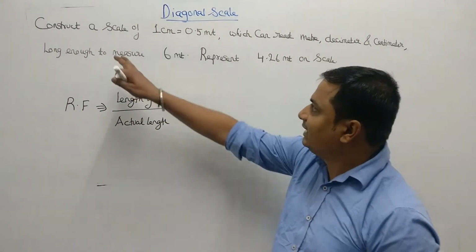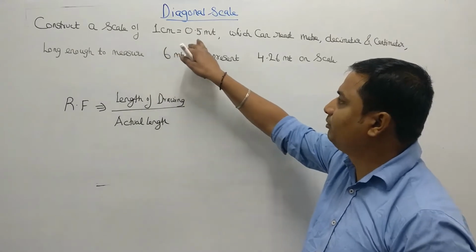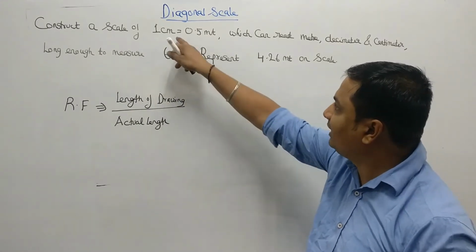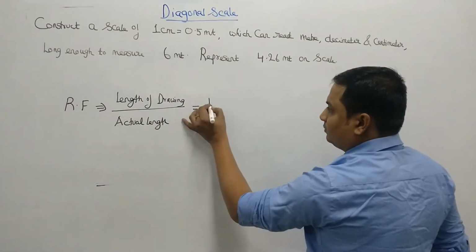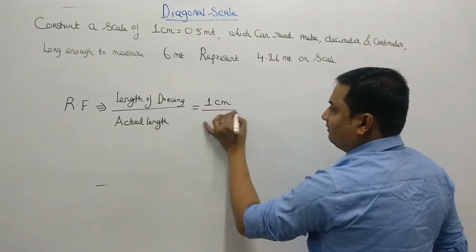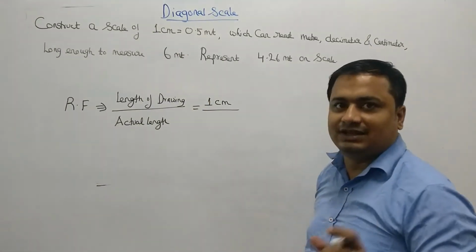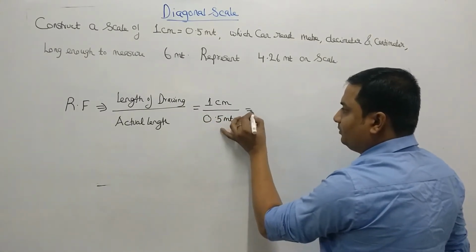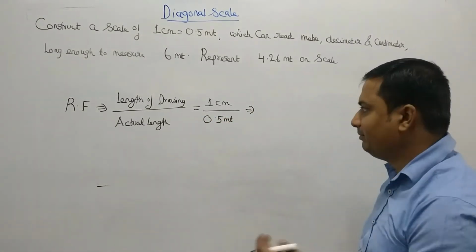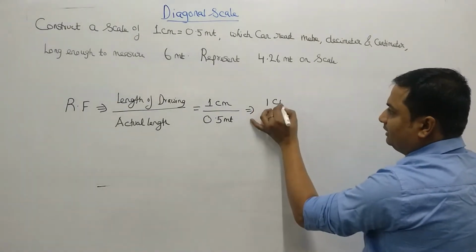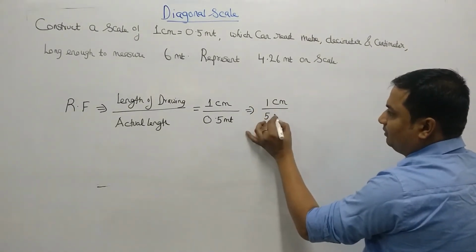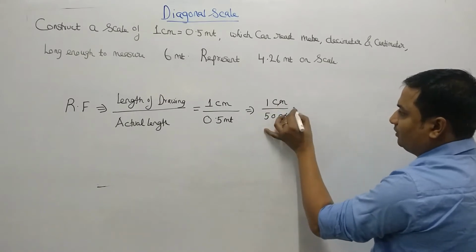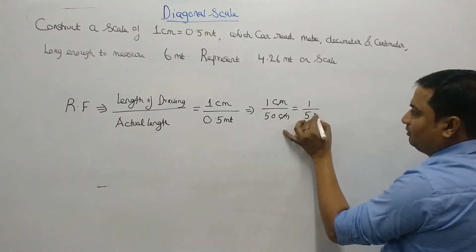So 1 centimeter is equal to 0.5 meter means the drawing length is 1 centimeter, divided by 0.5 meter, the actual length. Convert meter into centimeter, so multiply by 100. That will be 1 centimeter upon 50 centimeter. The centimeter cancels out. So RF is 1 upon 50.